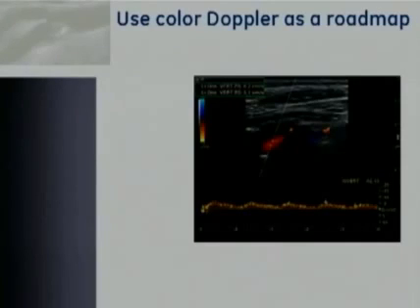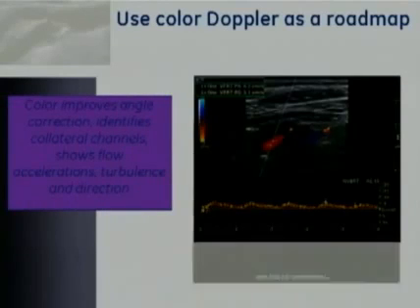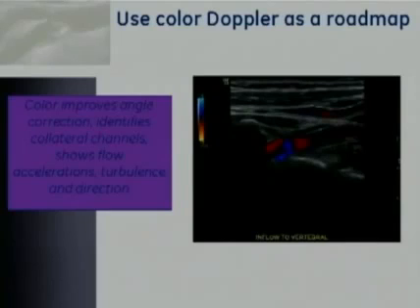Whenever I see a waveform like this, I know that it's indicative of disease proximal to the point that I'm sampling. So I'll look proximal, and when I look at the proximal vertebral, there's actually no flow, but with color Doppler, I can see inflow to the vertebral that's reconstituting it.